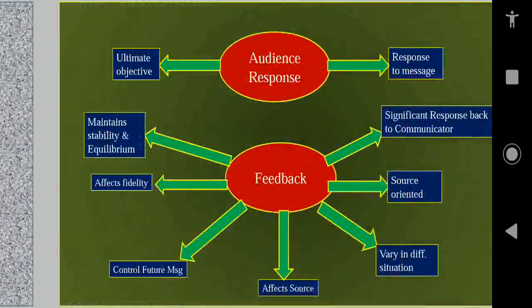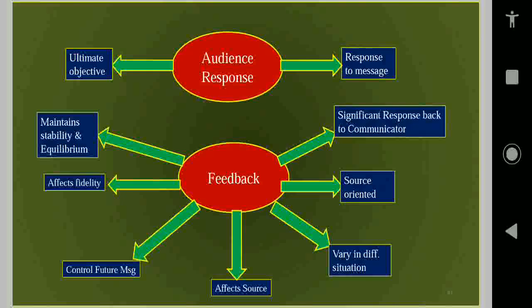Then the last element is audience response or feedback. Response of the audience is the ultimate objective of any communication function. The response of an audience to a message received may be in the form of some kind of action, mental or physical.